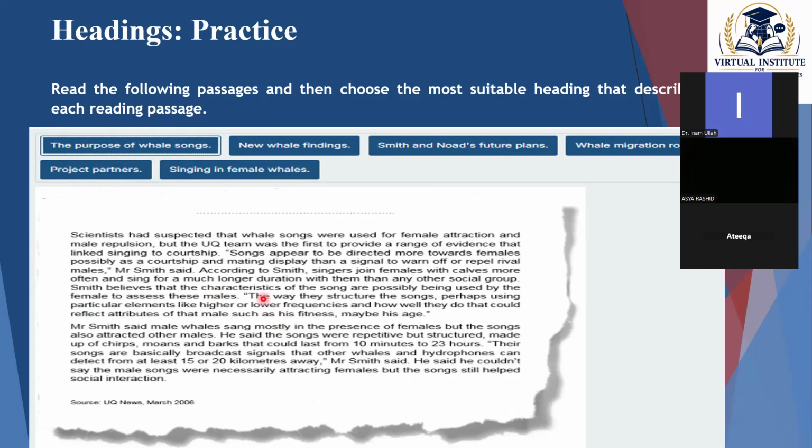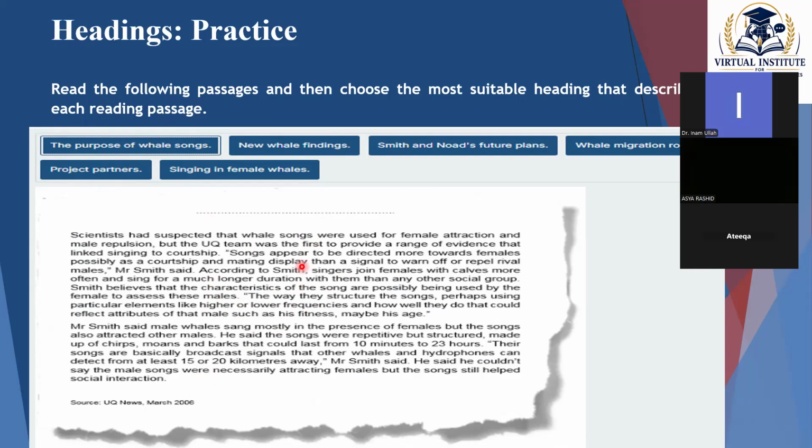Yes, sir. Right, so the first one, you were very much right that it was related to the purpose of whale songs. It actually only stated that whale songs are used for attracting females in the whale species, right? But here in this passage, we are given other findings as well related to the whale songs.